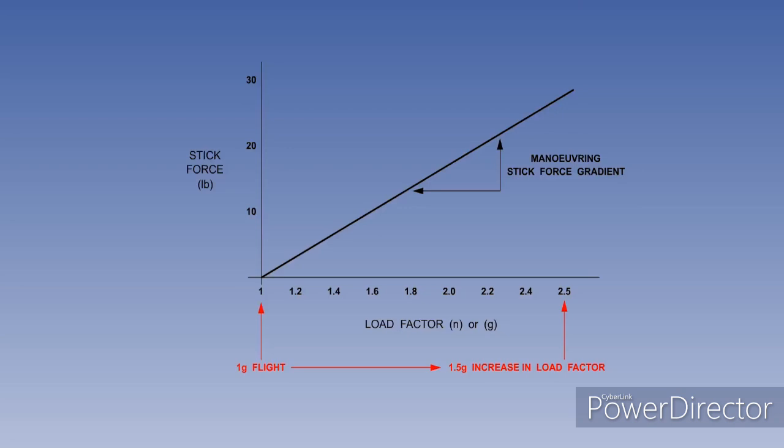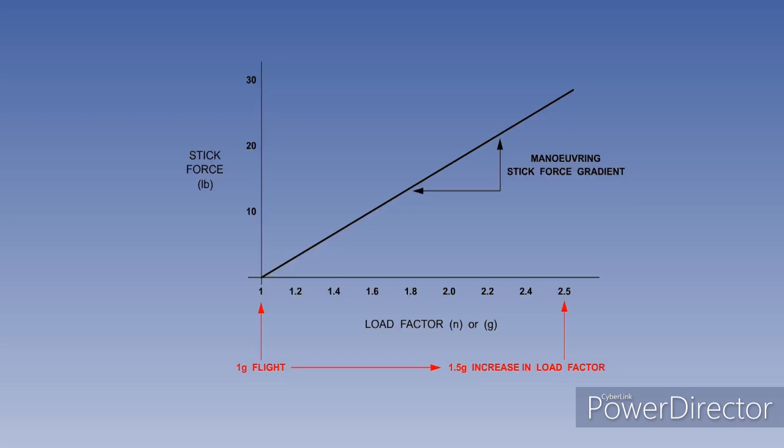If the stick force per G is too low, the aircraft may be accidentally overstressed because of the light control forces. You may be asked to calculate stick force per G, so you need to remember that in level flight the aircraft is at 1 G, and a manoeuvre that gives a load factor of 2.5 is only a 1.5 G increase.